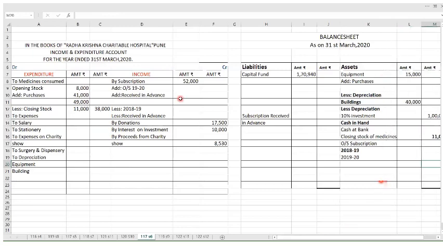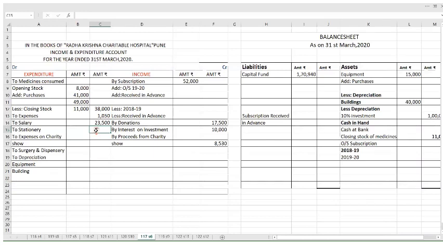After that, the next buy general expenses, it will transfer to the debit side of income and expenditure, that is to general expenses. Amount is 1,050. Then next buy salaries, it will transfer to the expenditure side to salaries. Amount is 23,500. Then next buy stationery, stationery transfer to the income and expenditure debit side, that is to stationery.